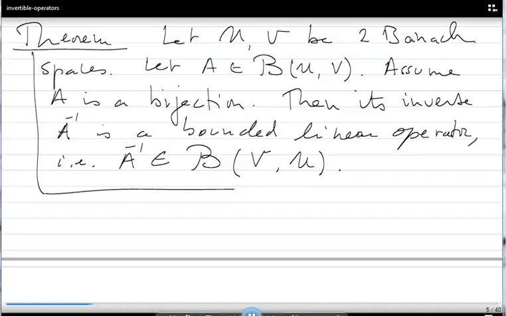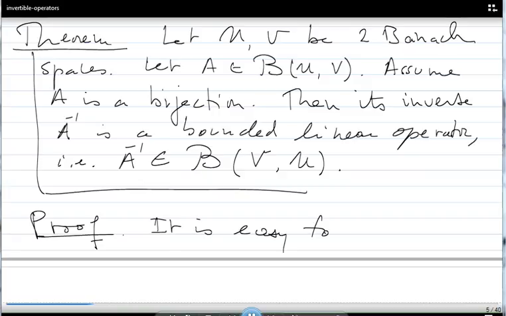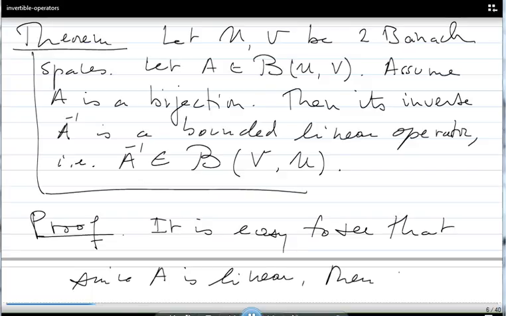So here, proof. It is easy to see that since A is linear, then the inverse is linear.